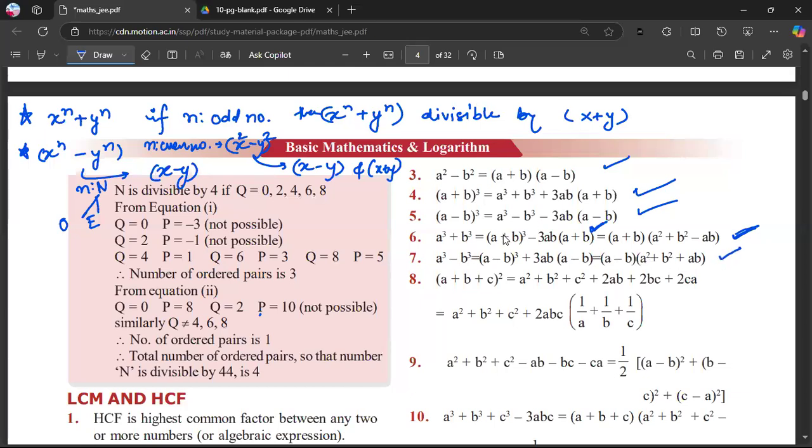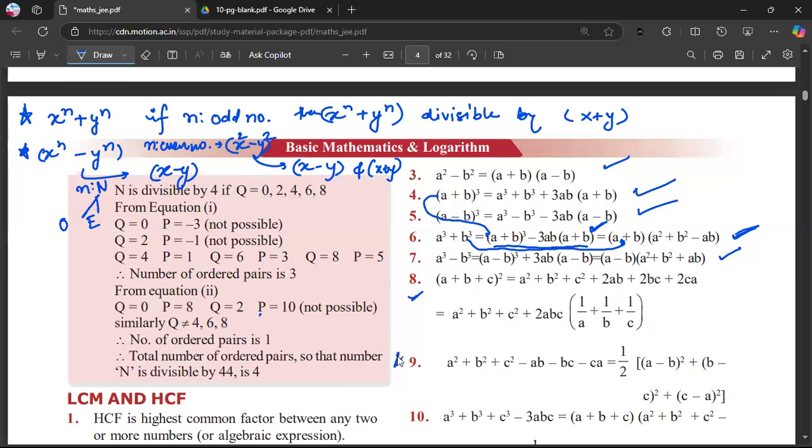This property is just another manifestation of this one. Whenever a cube plus b cube is in front of you, you should be able to recall (a plus b) into (a square plus b square minus ab). And here also it can be written in this format.